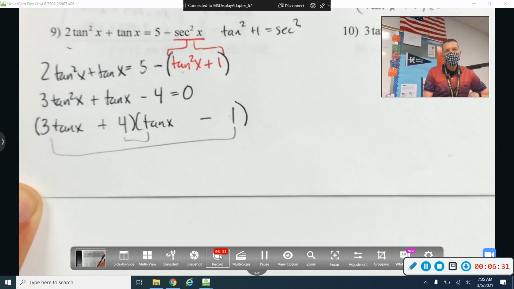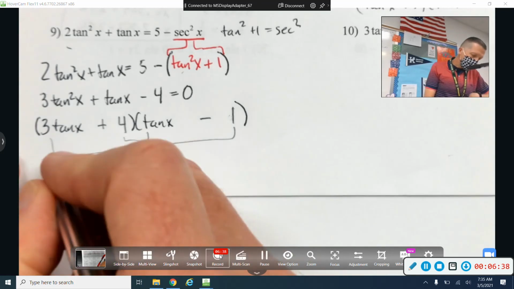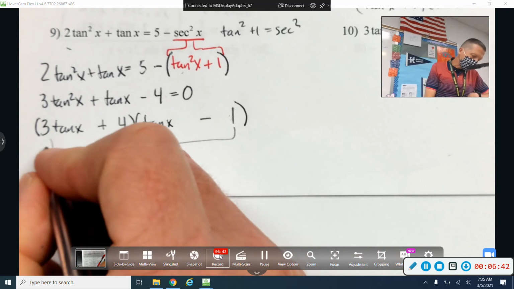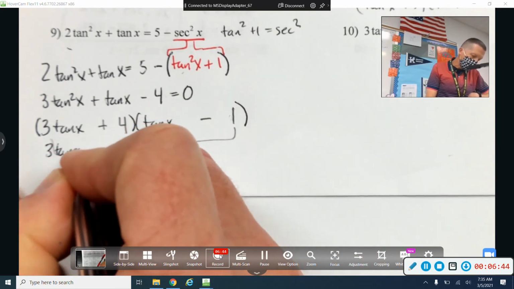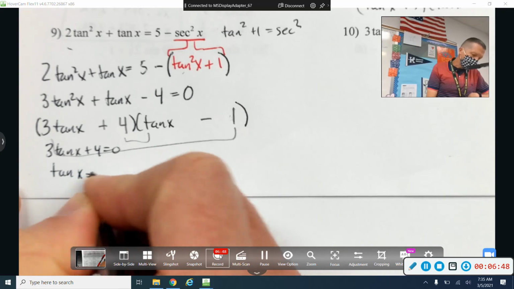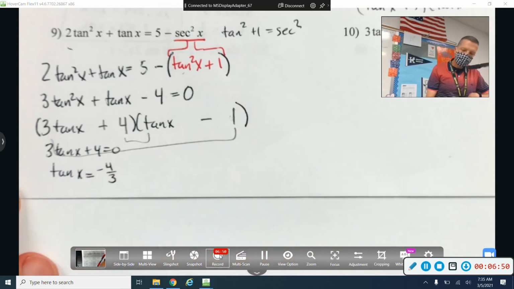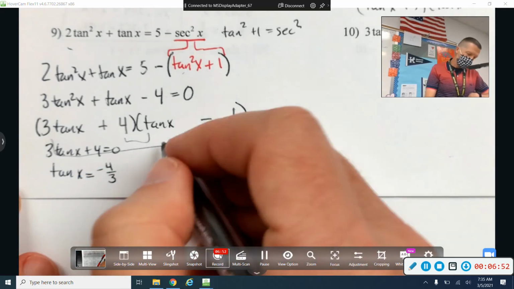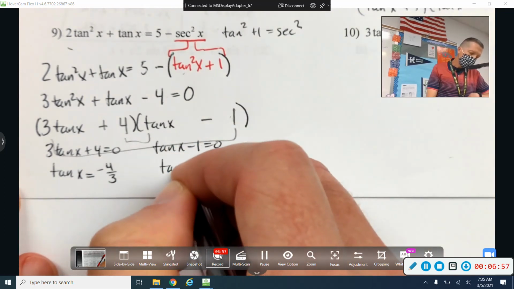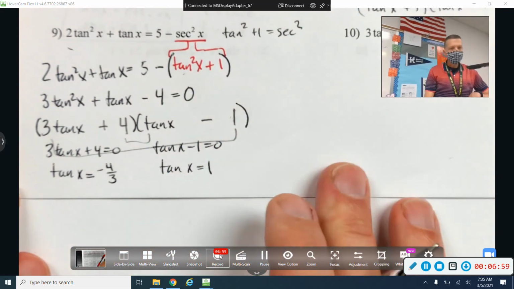So I set both of those equal to 0. That's a step that you might not have to show, to get to tangent of x equals negative 4/3. Tangent of x minus 1 equals 0. So tangent of x equals 1.